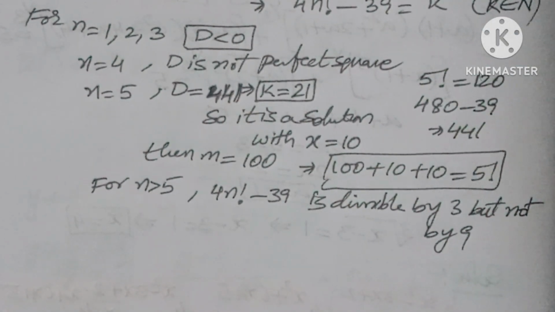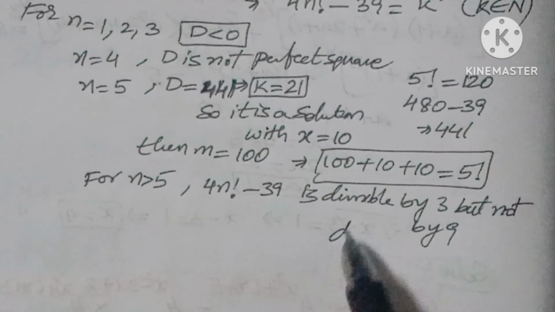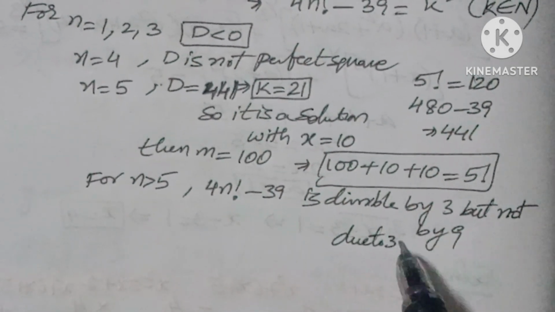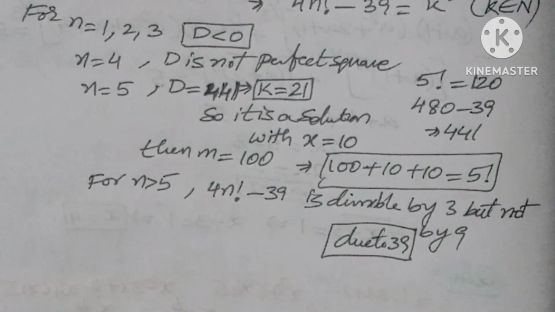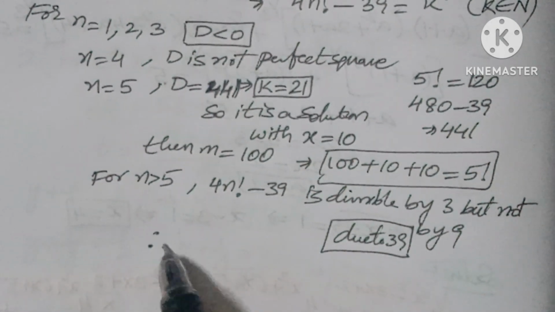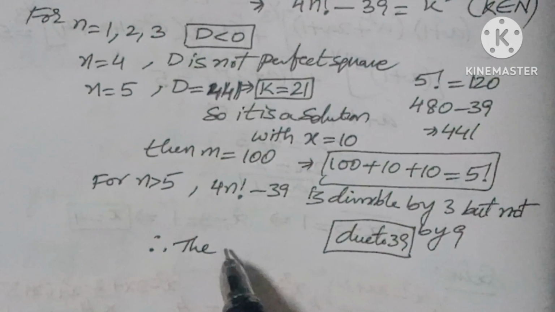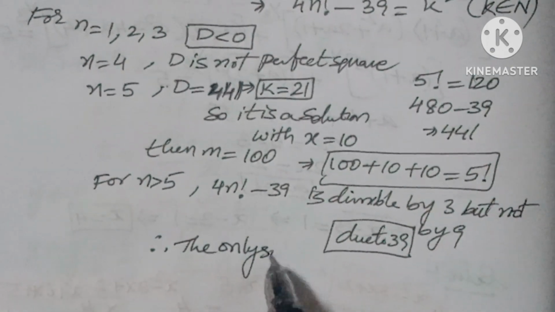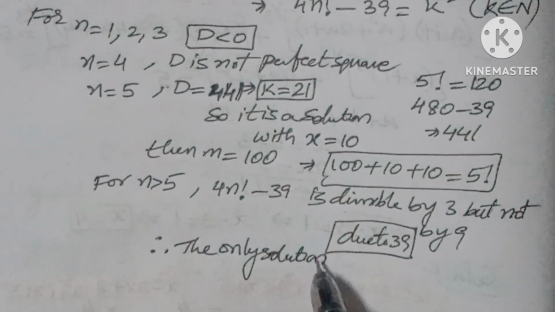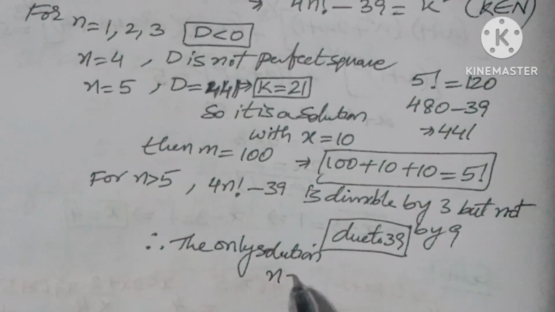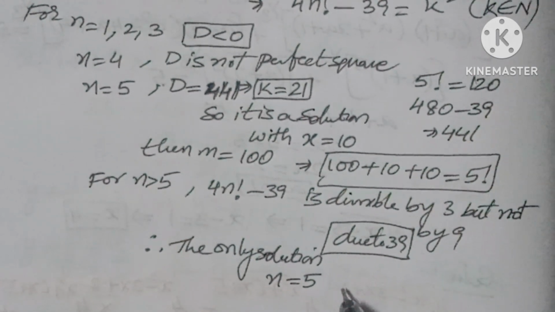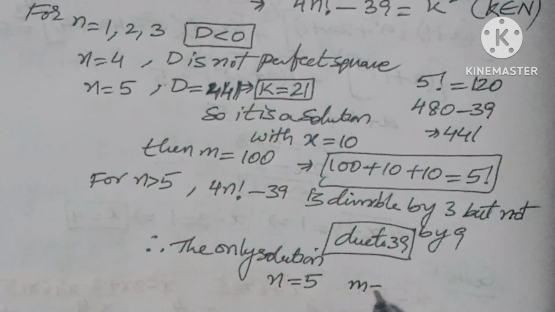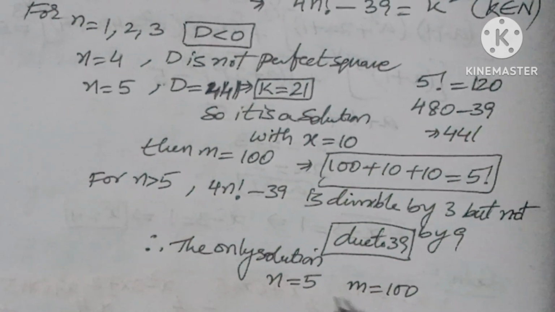The reason is that, due to 39, it is not divisible by 9. Therefore the only solution is n equal to 5 and m equal to 100.